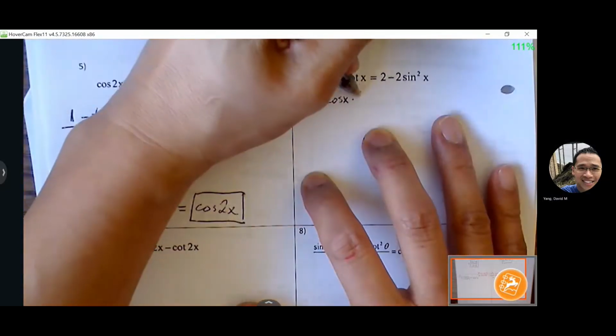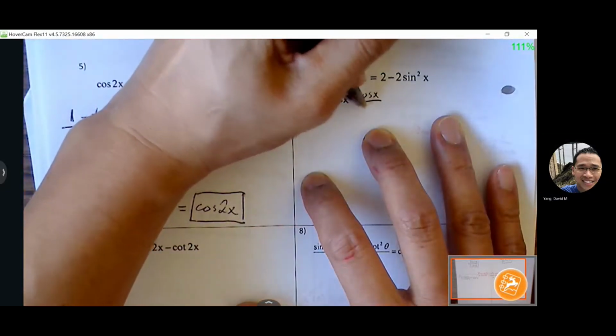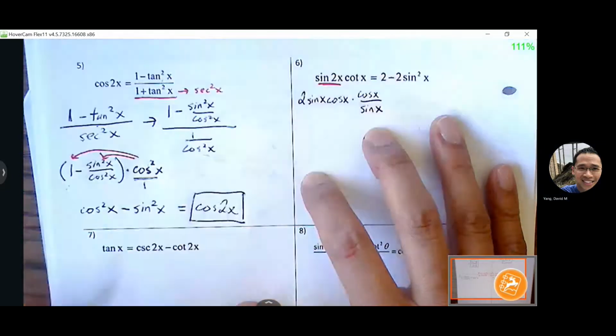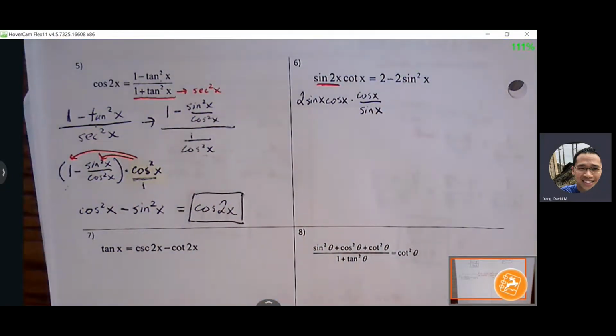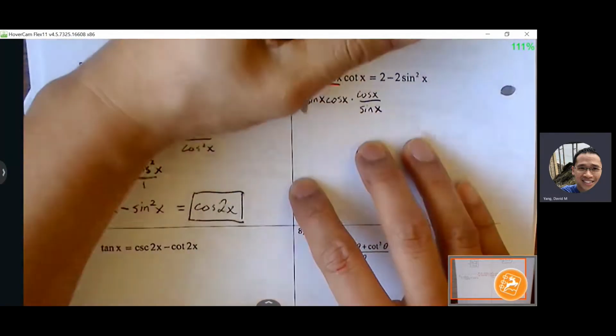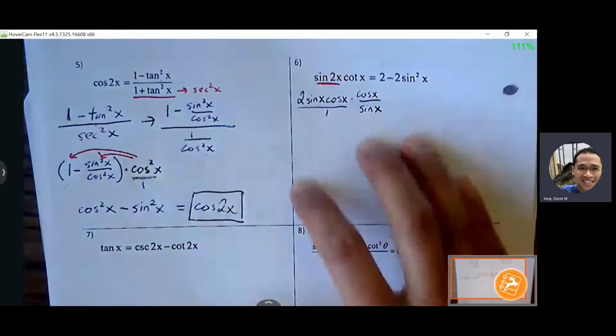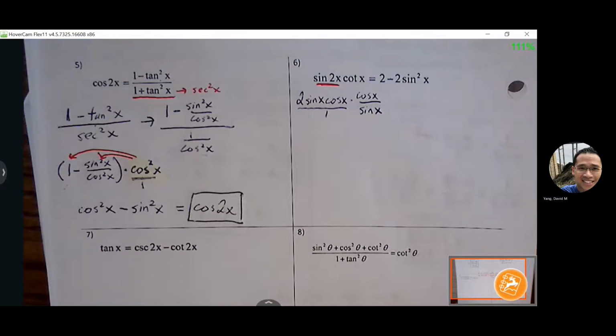Yeah. We can merge those two parts together. Cosines can be merged, sines can cancel out.